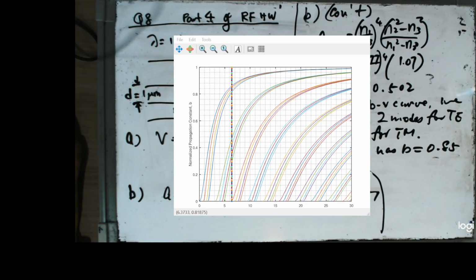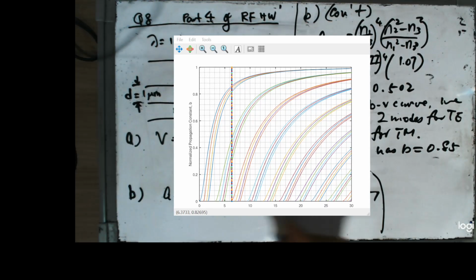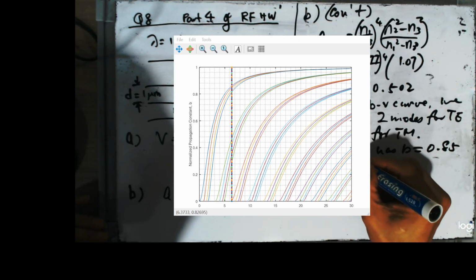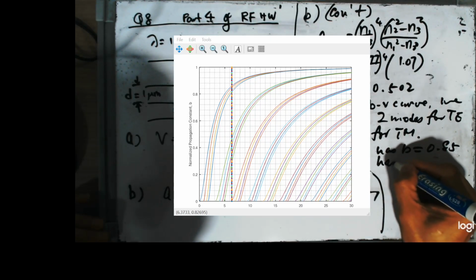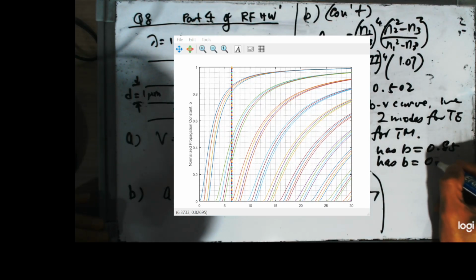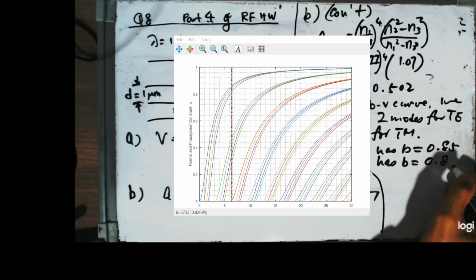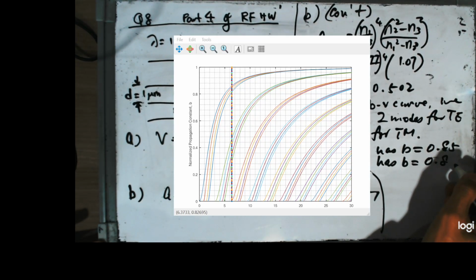For TM0, the asymmetry factor is 10.5. So you can see from here the value of b is 0.827. So TM0 has b equal to 0.827.